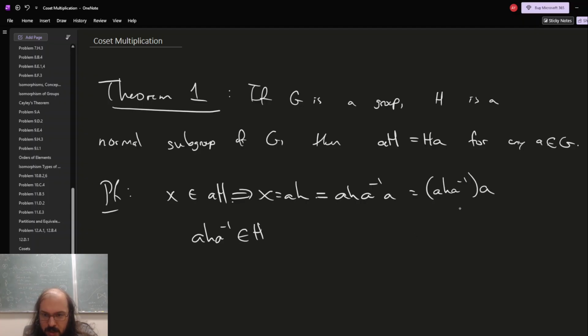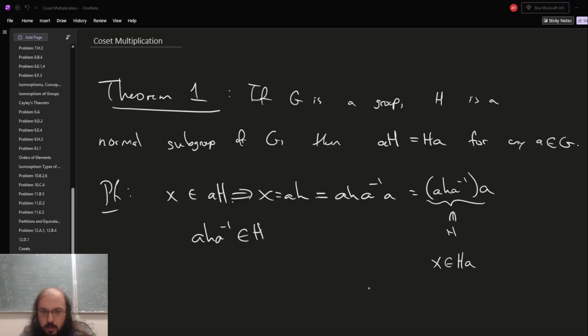And so what we see is, since this thing is conjugation closed, this thing lives in H, and this a has now managed to migrate over to the right. So just to summarize, we had aH on the left, now we have Ha on the right. So we have x in Ha.